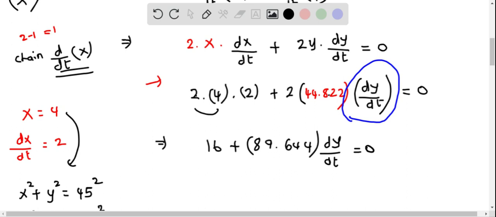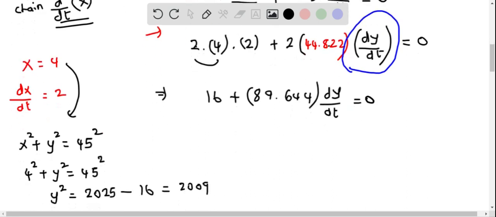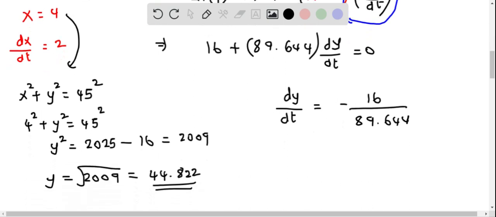So let's subtract 16 and then divide by 89.644. We get dy by dt by itself, that is negative 16 over 89.644. When we plug this into the calculator, we get negative 0.178, rounded to 3 decimal places.